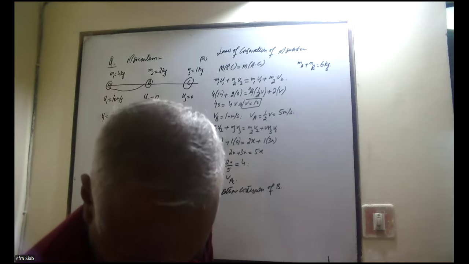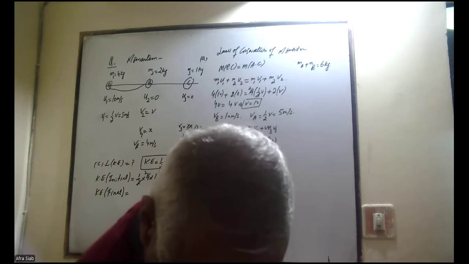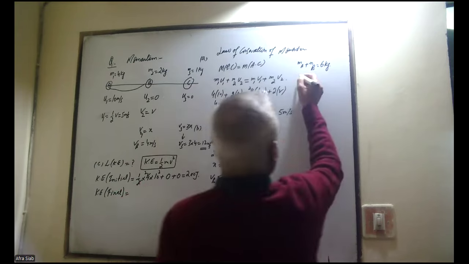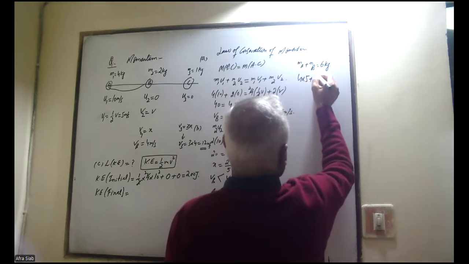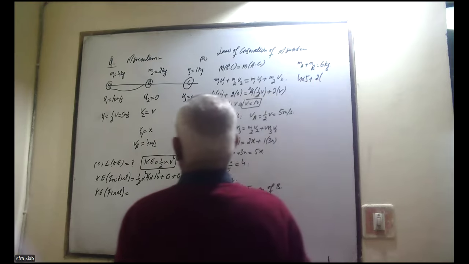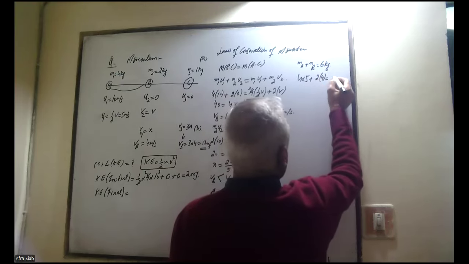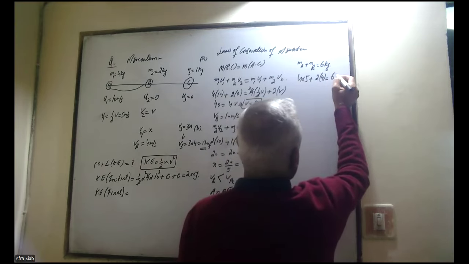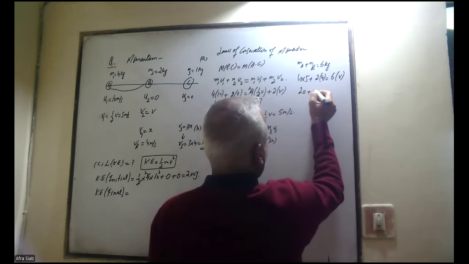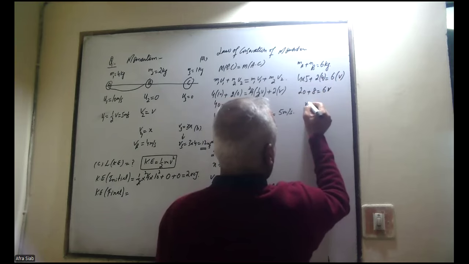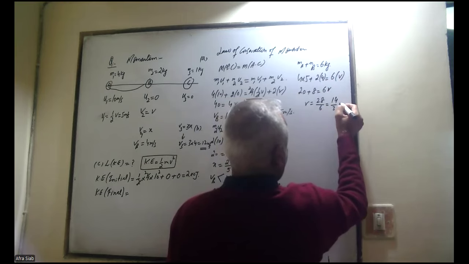So for particle A, mass is 4 into the speed of 5, plus mass of particle B is 2 and the speed is 4, is equal to their combined mass, 4 plus 2 is 6, into, let's say, the speed V. So 20 plus 8 is equal to 6V, or V is equal to 28 over 6, and that is equal to 14 over 3 meters per second.